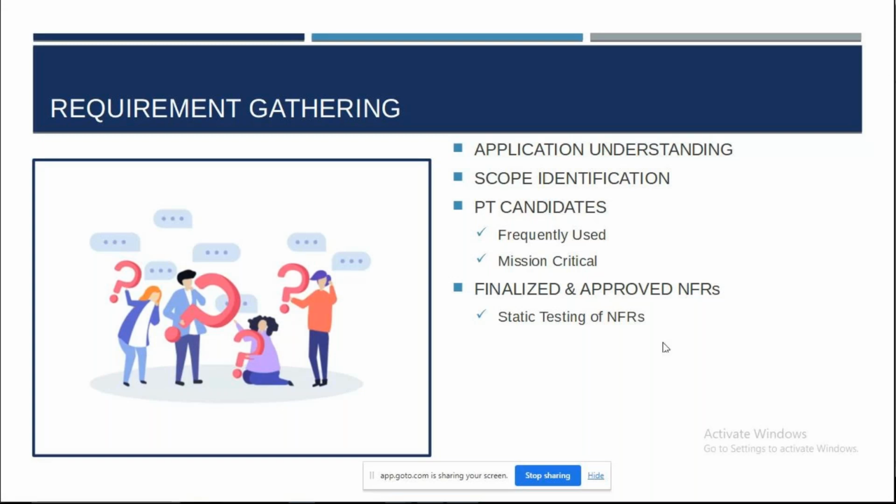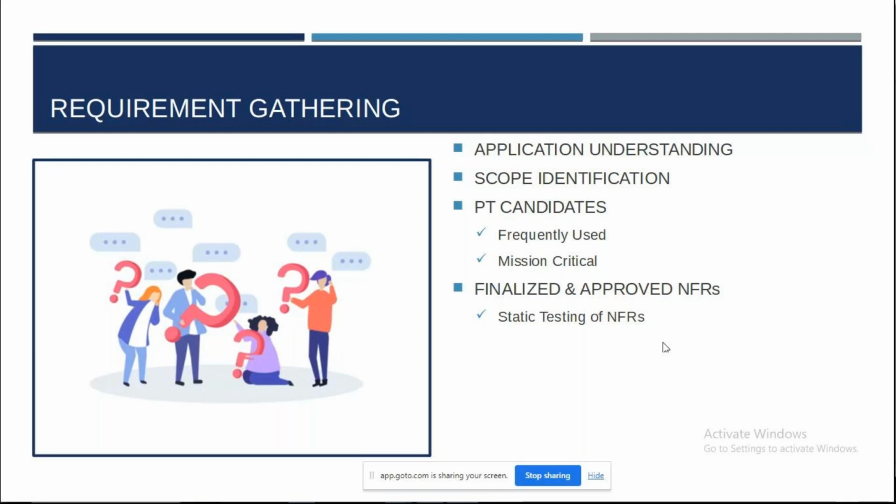If any information is missing, you go back to the business analyst, raise the queries and tell them that these are the gaps which we have observed. Now during our training, I will be providing you a list of NFRs. That will be the initial draft.